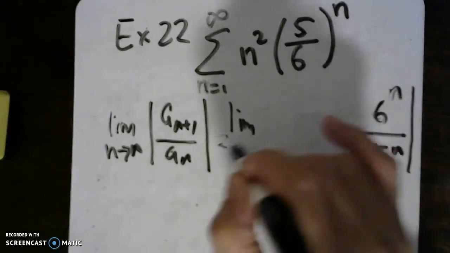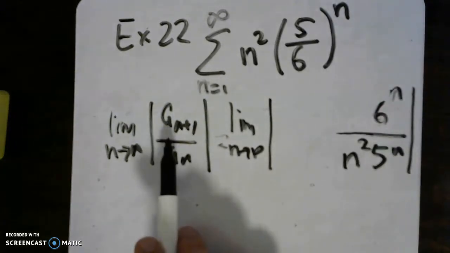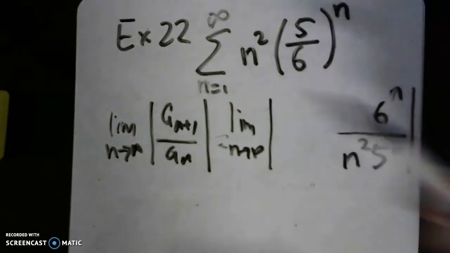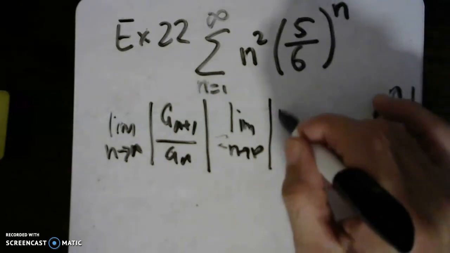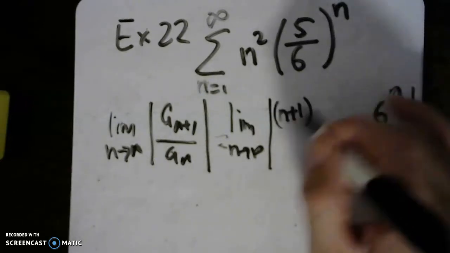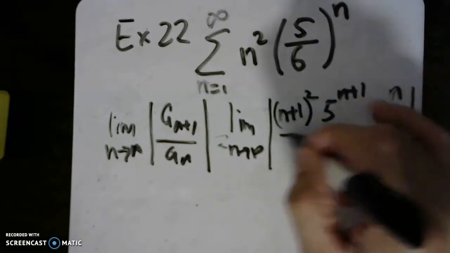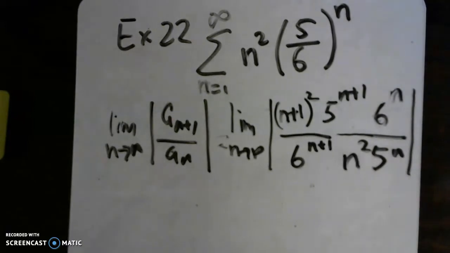So we are actually taking the limit of a_(n+1) over a_n. I've written down what a_n is, because this is a_n, and I flip it. And for a_(n+1), I'm going to have to put n plus 1 every time I see an n. This is what it is.